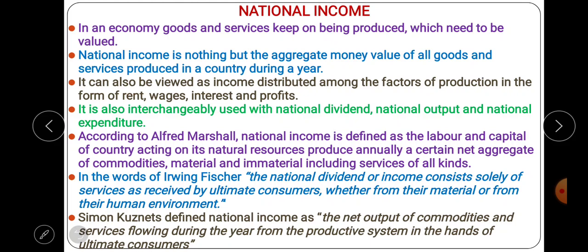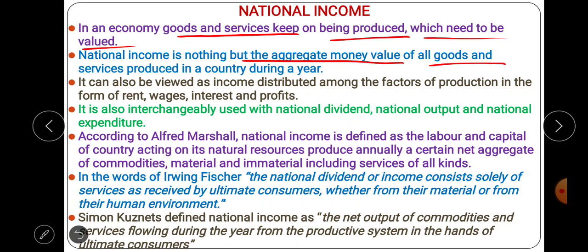In an economy, goods and services keep on being produced, which need to be valued, and we can value them by measuring the national income. So, national income is nothing but the aggregate money value of all goods and services produced in the country during a year.